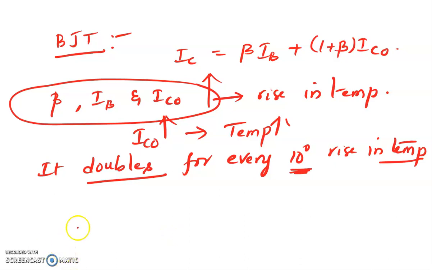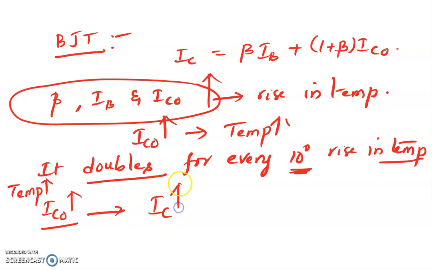So if temperature increases, the reverse saturation current changes, which in turn increases the collector current IC, and this IC will increase still further, which will further raise the temperature in the collector base junction also.